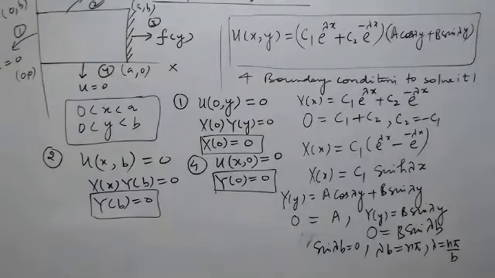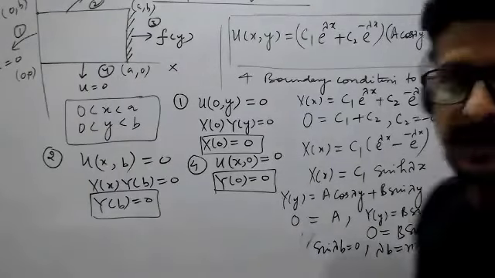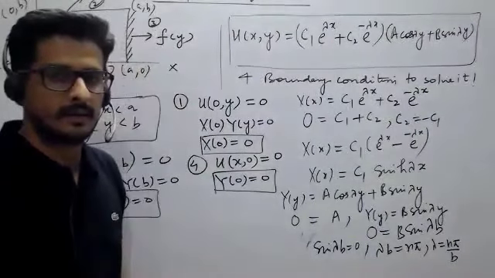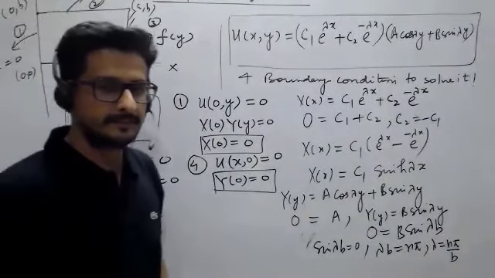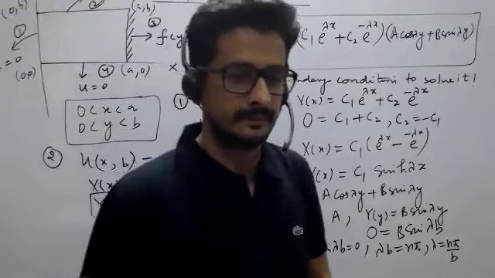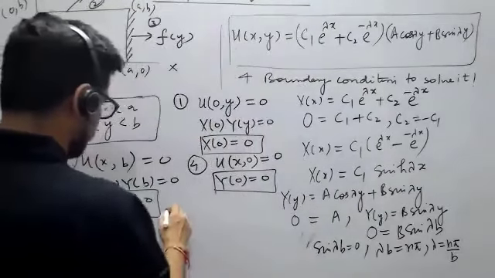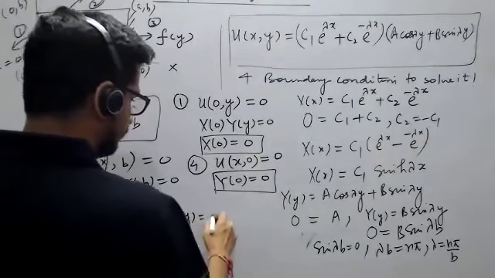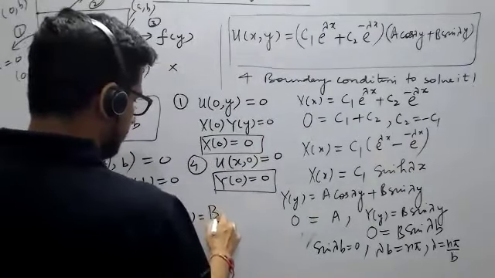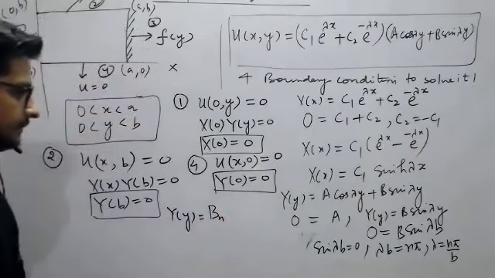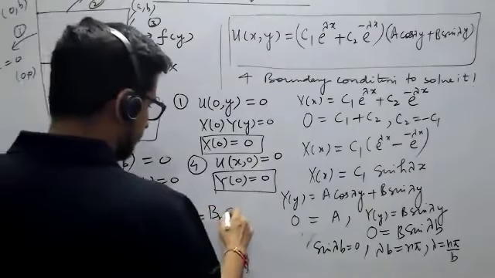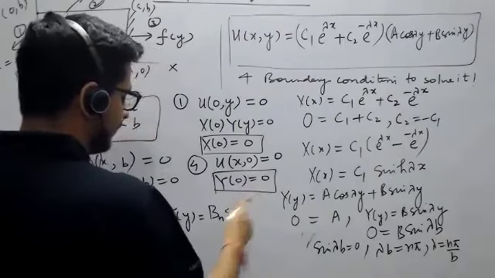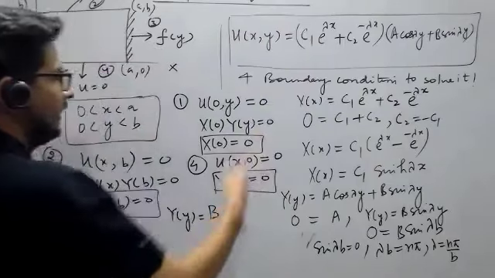So what is the value of Y now? What is the value of Y? Y(y) is equal to B sine of n pi by b into y. Let me keep b for now, I will put sigma finally.